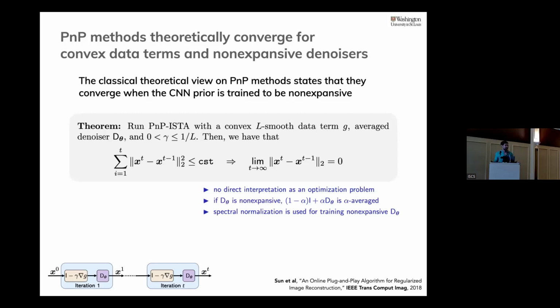Now, that might be very unsatisfactory to you because it doesn't tell you what it converges to. You need a little more, because unlike an optimization method, you're not doing optimization. You have a CNN that doesn't necessarily link to an optimization problem, and you have a data fidelity, but at least we know it can be stable. But the problem here was that you need to train your denoiser to be non-expansive, which could be a tricky business if you haven't done it. But we're going to see we can go beyond the theory in a second.